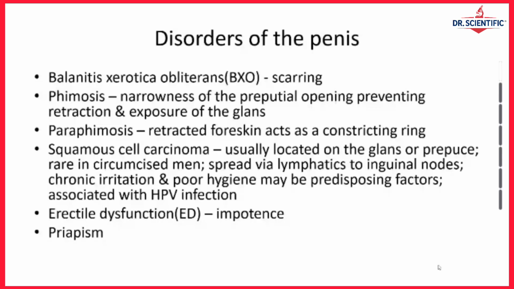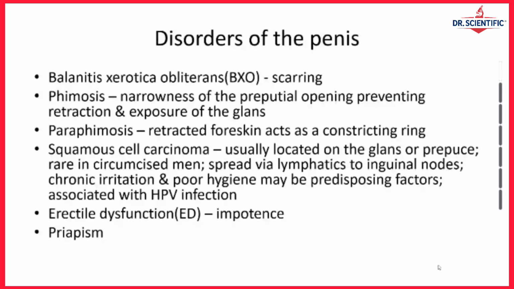And then paraphimosis is basically when the foreskin is retracted. If you retract the foreskin over the glans, it acts as a constricting ring. So it is tightly around the penis, just above the glans, and acts like a tourniquet. You know, the way you tie a patient with a tourniquet, for example, when you're putting a branula on the arm.